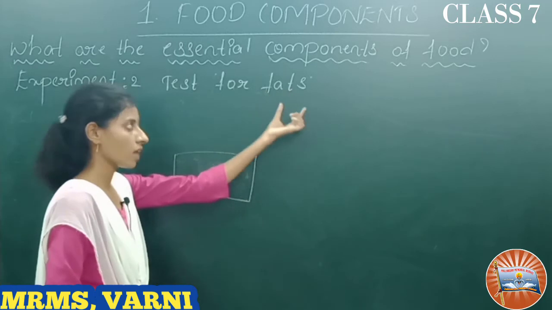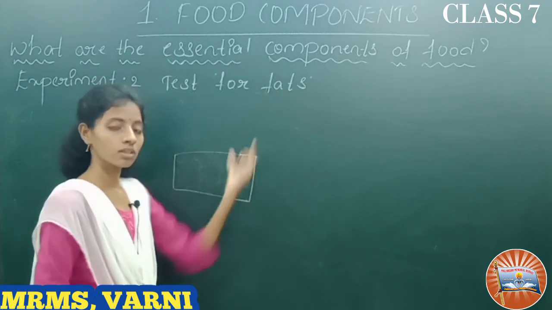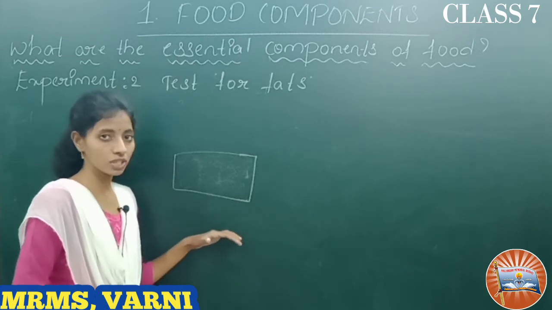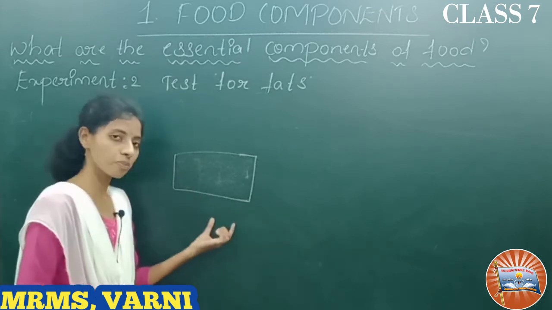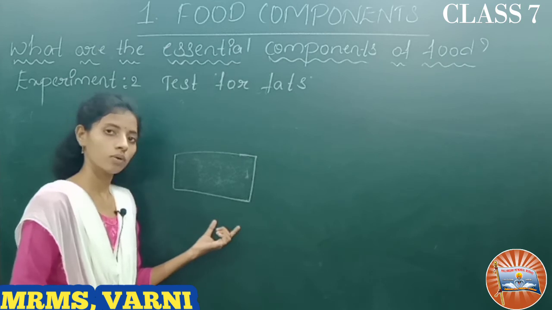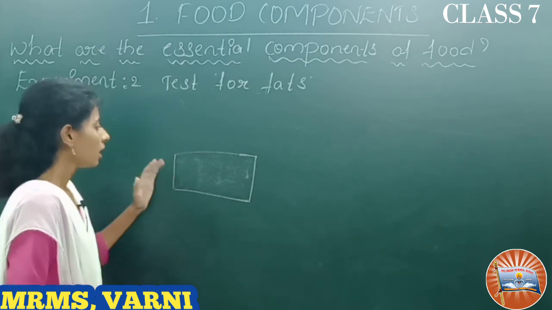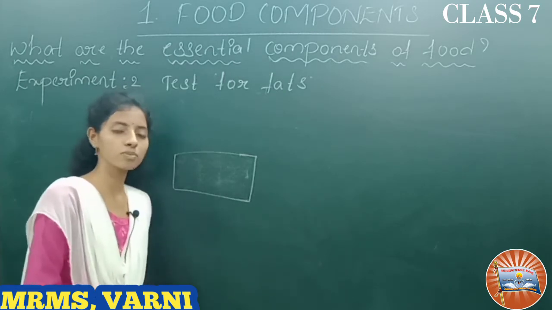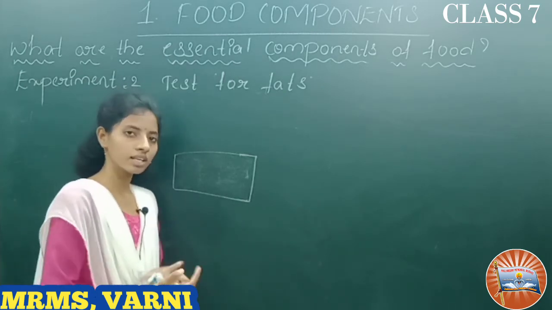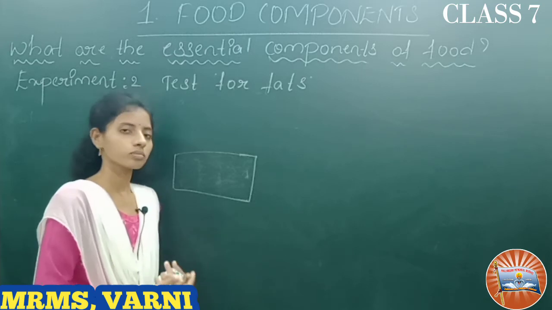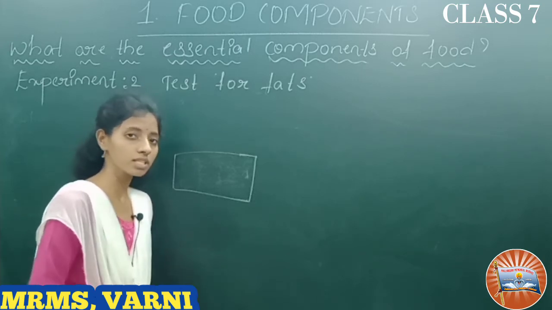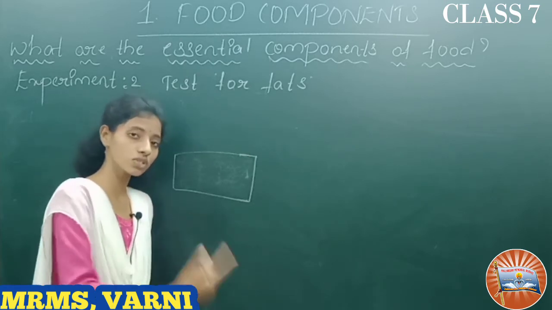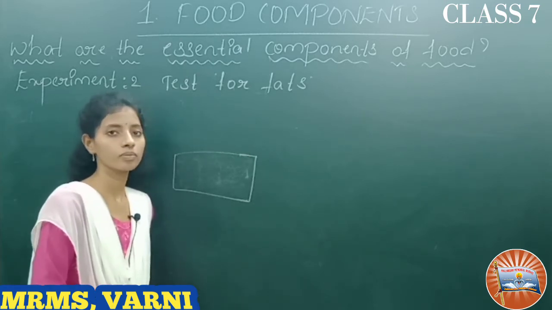If the food item contains fats, the paper changes into transparent. And if you have any past experience, when you eat any vada or any fat-containing food, the paper plate changes into oil.